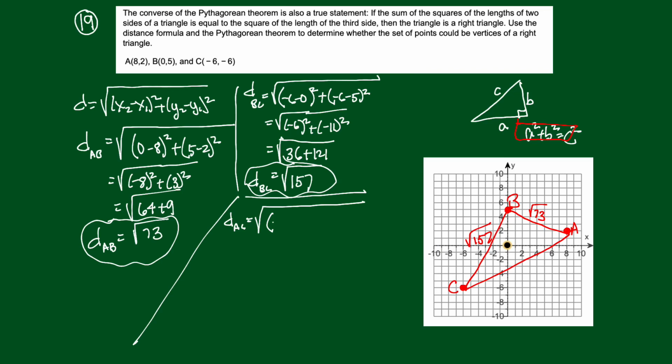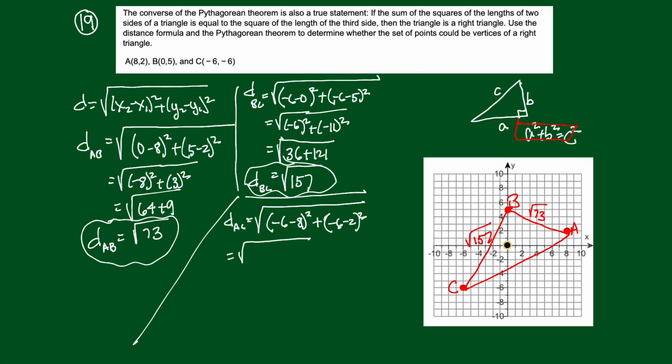So this is going to be second x minus first x, negative 6 minus 8 squared, plus, well, what is this? This is the y's now. Second y minus the first y. So negative 6 minus 2. So this one will be negative 6 minus 2 squared.